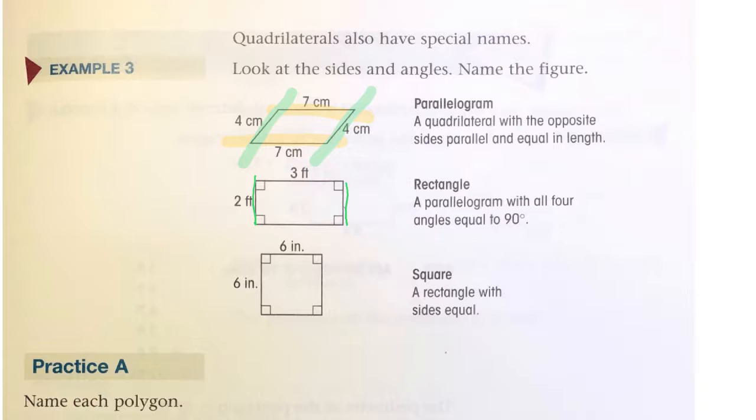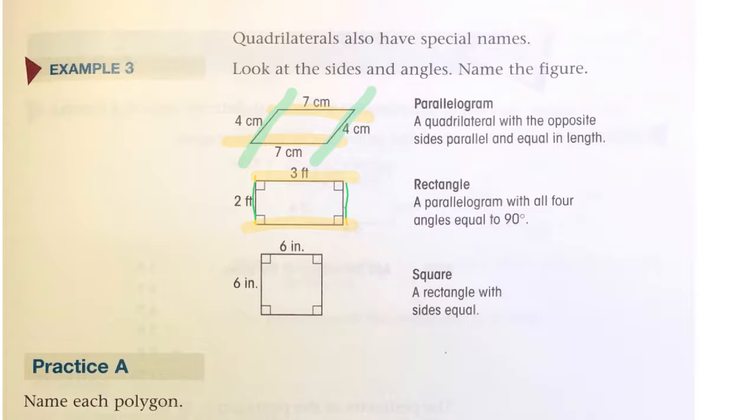In this case, they're both 2 feet long. And parallel lengths that are the same length. They're 3 feet long each. They're parallel because they are never going to cross each other.